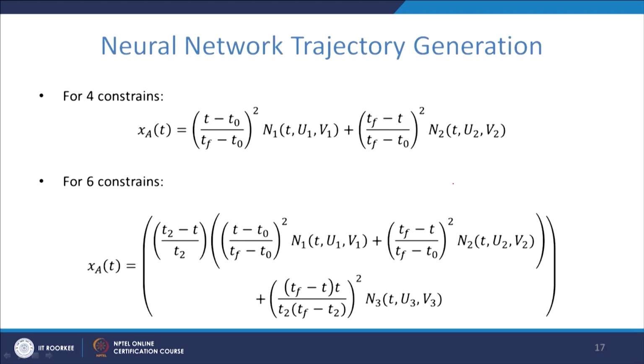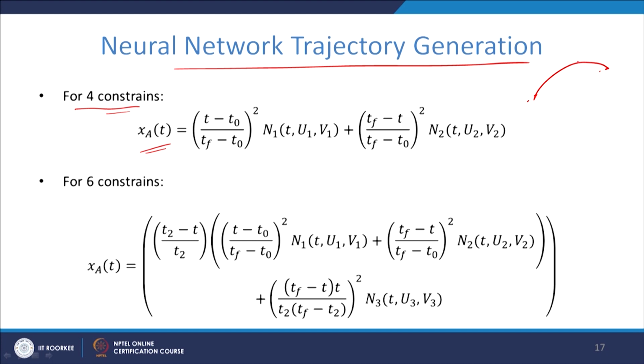Now, we can also generate trajectories, because we have seen in the biped robot manipulator that the ankle trajectory and hip trajectory are there. Various trajectories are to be generated using polynomials. If there are, let us say, 4 constraints given, initial position, initial velocity, final position and final velocity for a particular trajectory, then we can write a third degree polynomial and find the coefficients of the polynomial using boundary conditions.